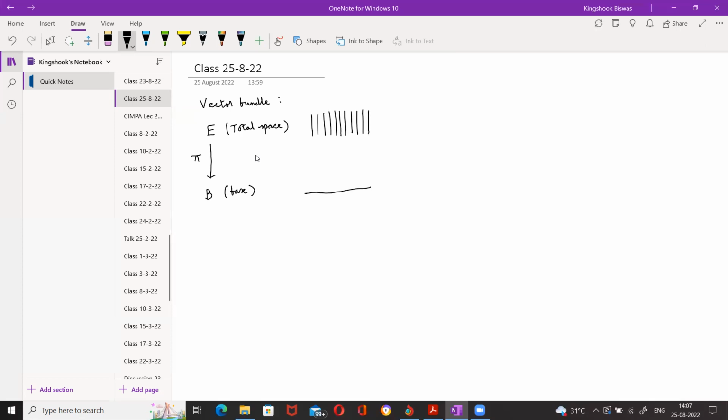And in each vector space, there is a zero element. So the collection of zeros passes through E like this. It's called the zero section of E. And what you want is that this collection of vector spaces is what is called locally trivial. That means locally it's diffeomorphic to a product.